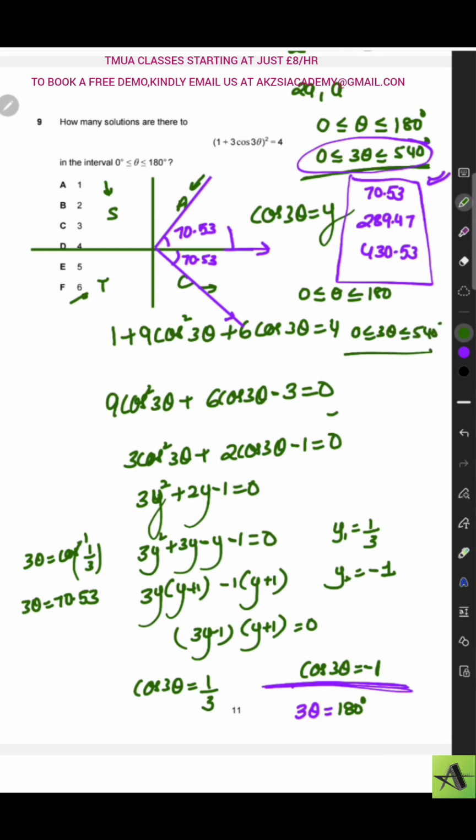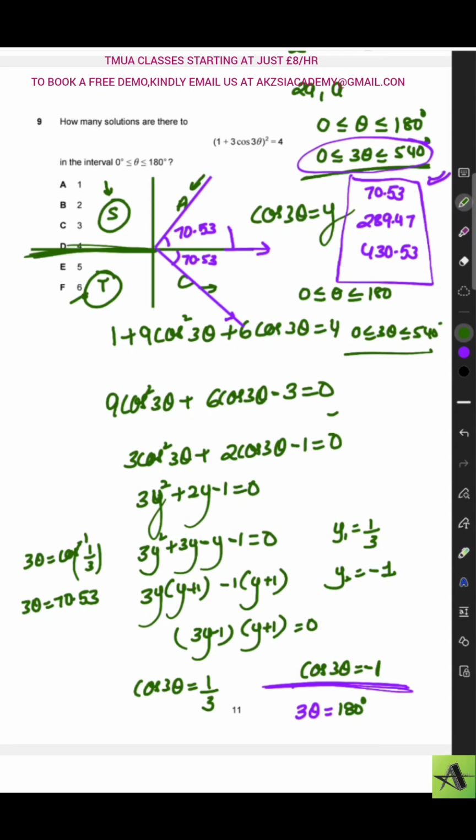So we have to find all the angles between 0 and 540. We know 3 theta is 180 degrees and cosine is -1. That means the negative quadrants are second and third, where we can expect cosine to be negative, and it's lying at 180 degrees. That's the only value shared by each, so that's symmetrical.